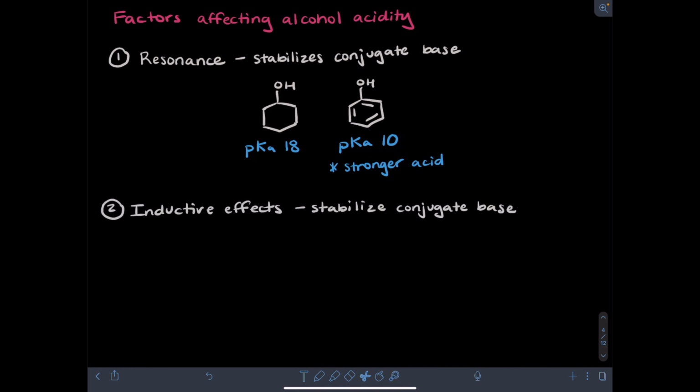Another factor that will influence alcohol acidity is inductive effects. These will also stabilize the conjugate base by withdrawing electron density due to nearby electronegative atoms. We can compare the acidities of ethanol compared to trichloroethanol, and we imagine the conjugate base of each of these molecules.